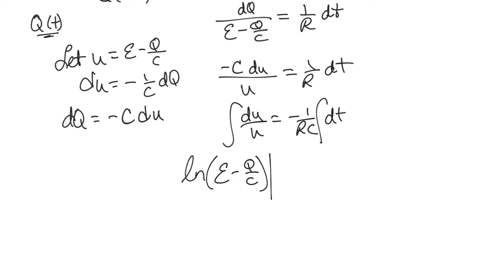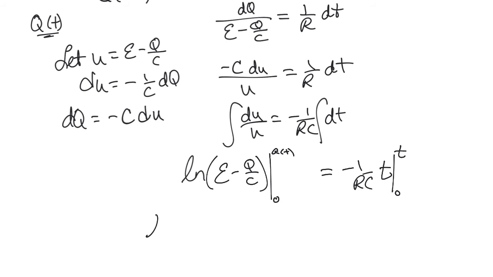And where are we going? We're going from that initial situation. Sorry, my integral of dt is from 0 to time t, right? And here my initial q was 0, and then we're going to go to that q of t, which is what we're looking for.